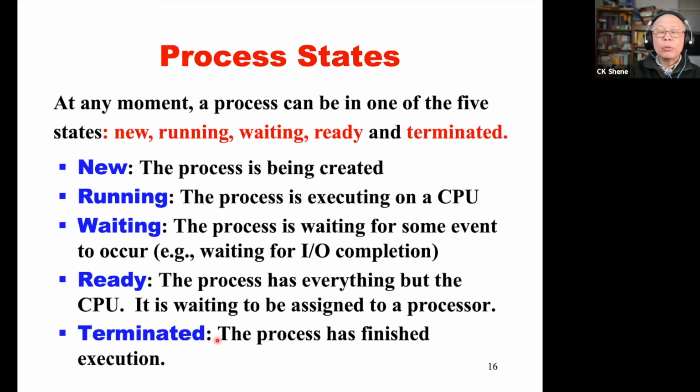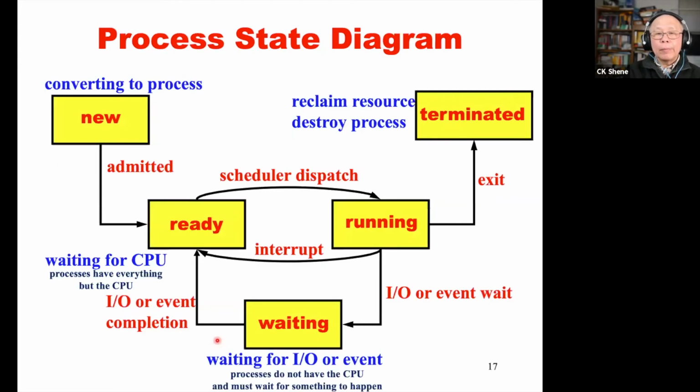So new, running, waiting, ready, terminated, you have to remember these 5. Now, this is referred to as a process state diagram. This is a very, very basic one. Larger systems may have more states than new, ready, running, waiting, and terminated.